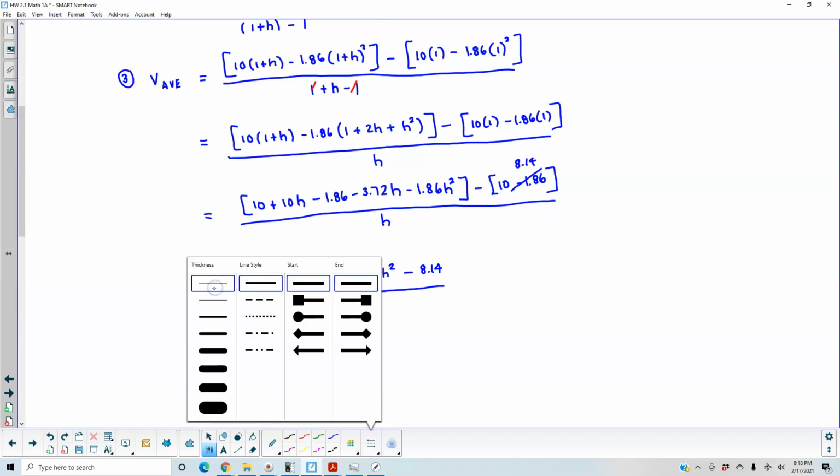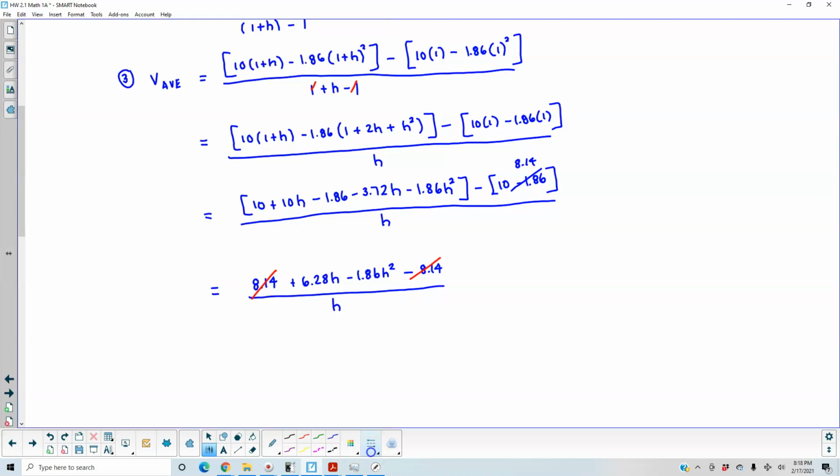So now we can eliminate the 8.14, and then we can factor out an h, which leaves us with 6.28 minus 1.86h, divided by h.